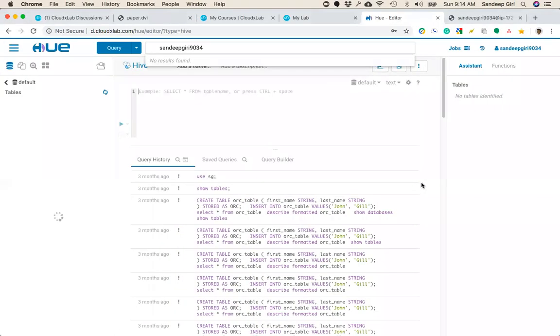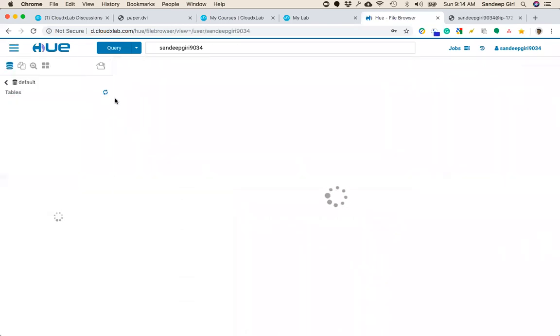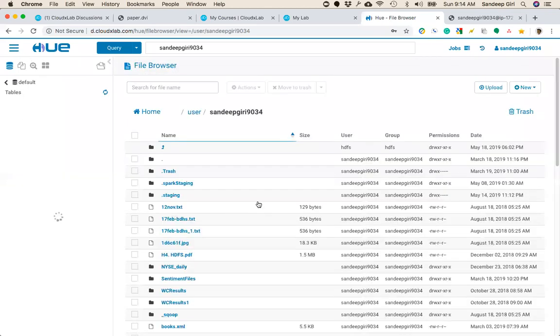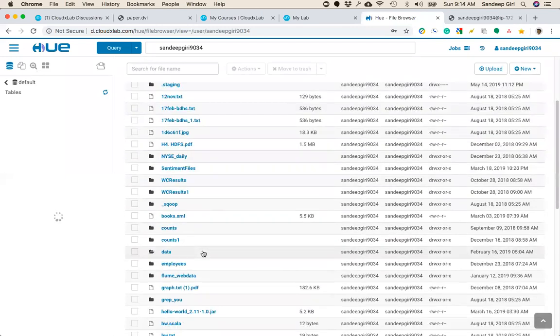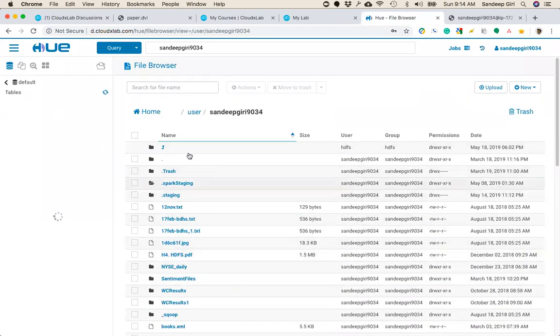Hadoop distributed file system is just like any other file system. If you take a look at the files here, if you click here and go to files, this is how it looks. These are my files and folders that you see here. This is the Hadoop distributed file system. Every user gets their home directory like this, and every user can upload files using the browser.